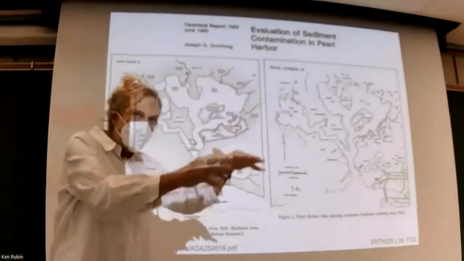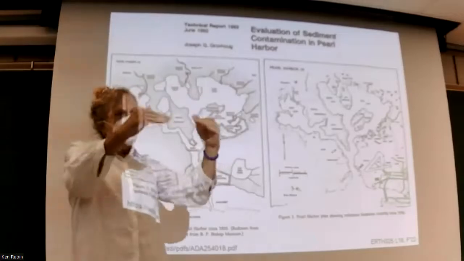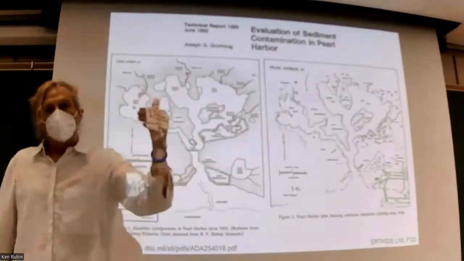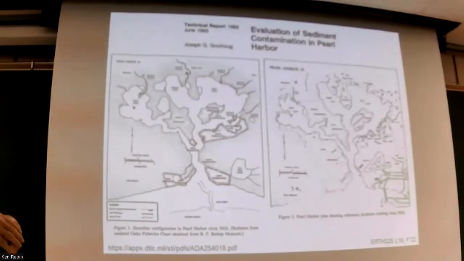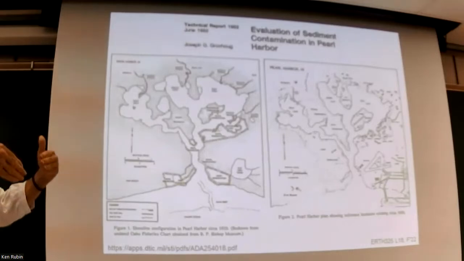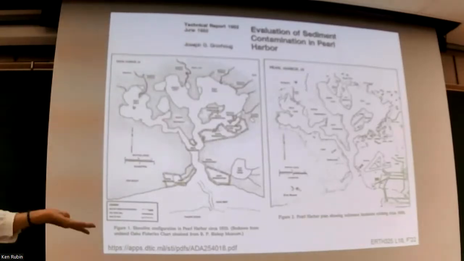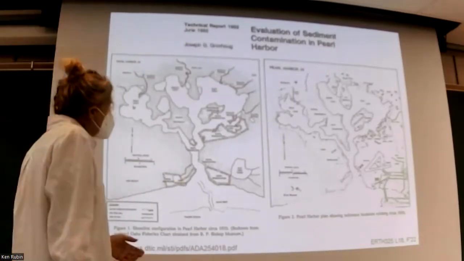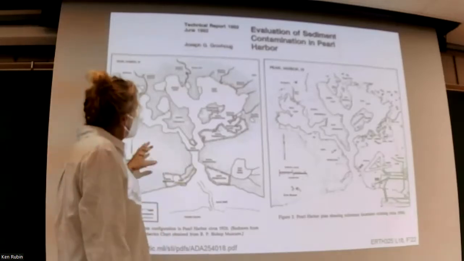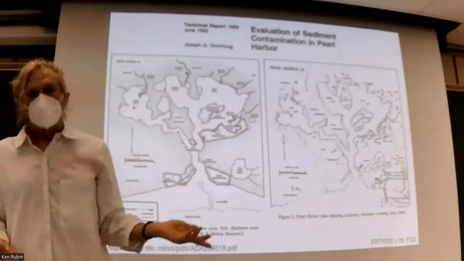So if you were to do sediment cores, you might expect to see different things as you go down, as things have evolved. At some point you reach the pre-industrial point where you're just looking at native Hawaiian activities, and then you can even go beyond that and find the point where there weren't humans living here in the islands. All that is recorded in the sediment and it shows us the differences and the impacts that humans have had.